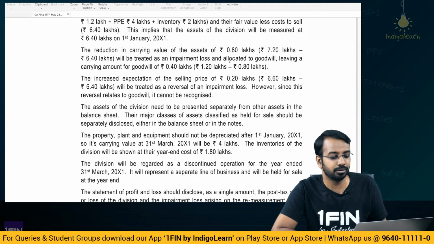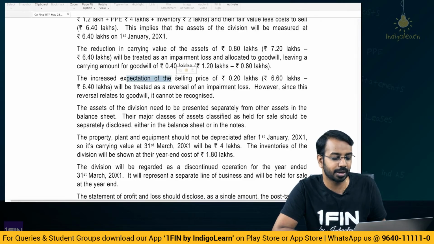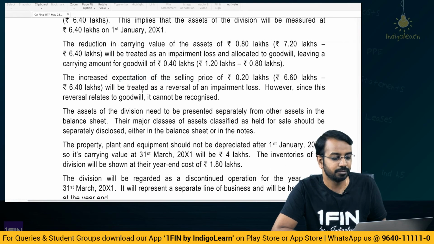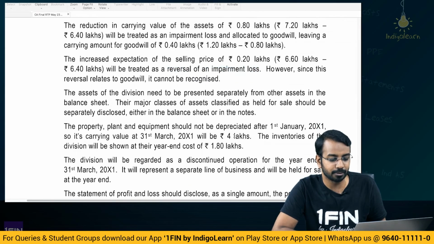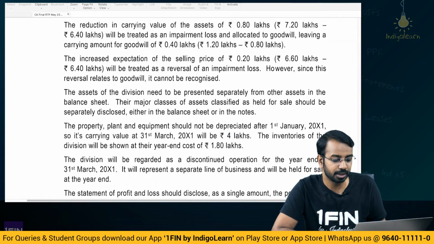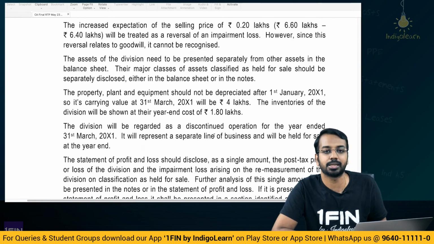The increase in expectation of the selling price of 0.2 lakhs will be treated as reversal of impairment loss, but since it is related to goodwill, it cannot be recognized. Assets of the division need to be presented separately. So, you will present the PPE at 4 lakhs, inventories will be shown at year-end cost of 1.8, and the division will be regarded as a discontinued operation representing a separate line of business held for sale.